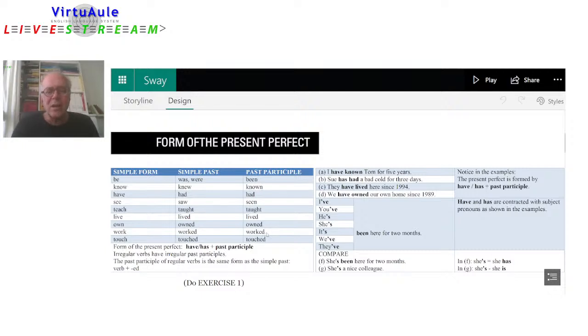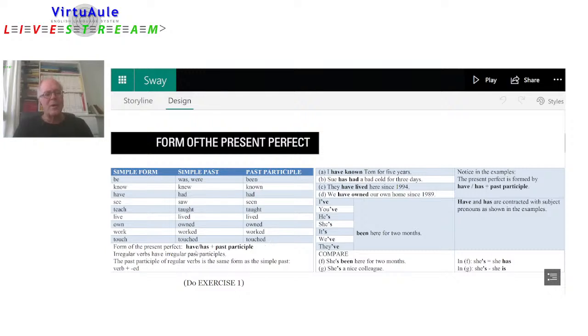Notice the t sound, okay? If you're not familiar with that, if you don't understand why, go back and look at the lessons about the simple past tense, regular verbs, to learn about the pronunciation. Touch, touched, touched. Again, we have the t sound, touched.